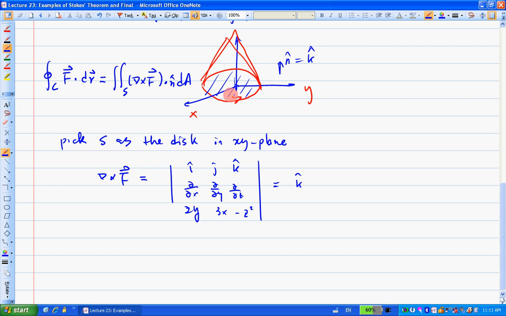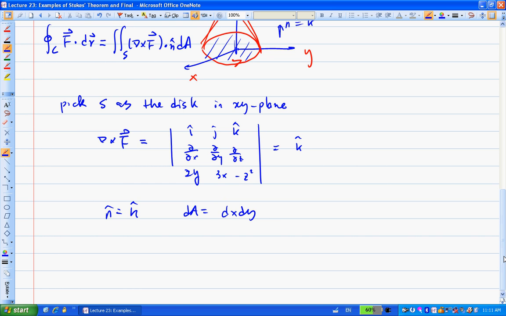In this case, this is a surface in the xy plane, which is parallel to the xy plane, so dA is basically dx dy. So n hat is k hat, and dA essentially is dx dy. But you will see that in this case we don't even need that.